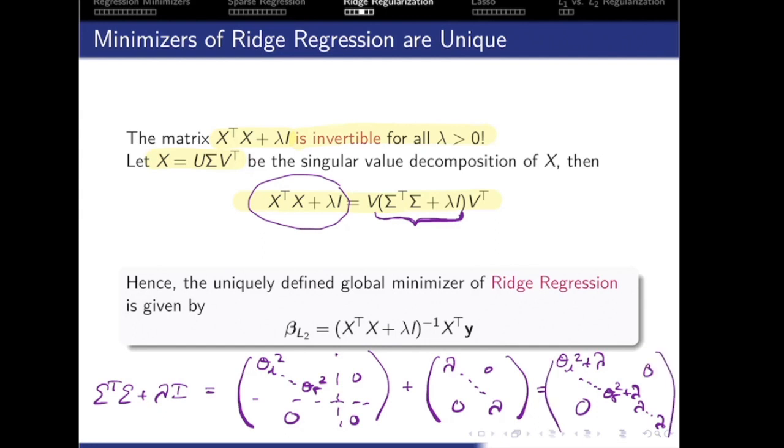And this matrix is now invertible because it has only non-zero elements on the diagonal, so all these elements are invertible. So this is really cool. For every lambda larger than 0, we now get a uniquely defined beta, a uniquely defined global minimizer of our ridge regression problem, which is defined as it is here.